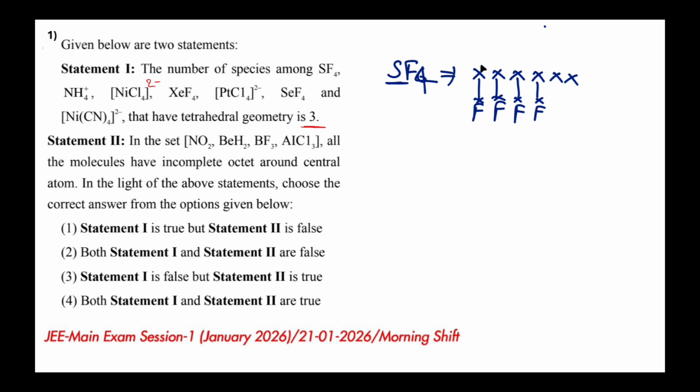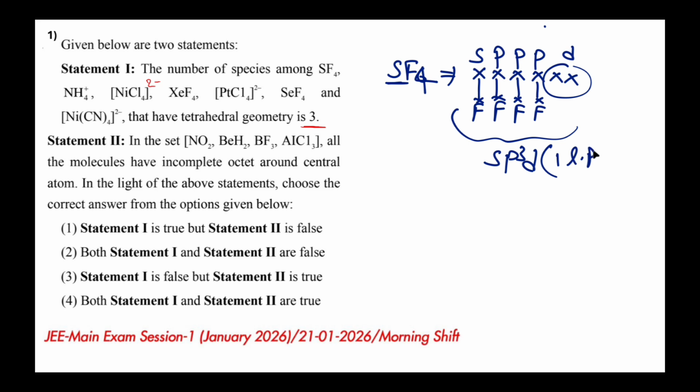So this is s orbital, p, p and p, and these two belong to d orbital. So this is sp3d hybridization having 1 lone pair.